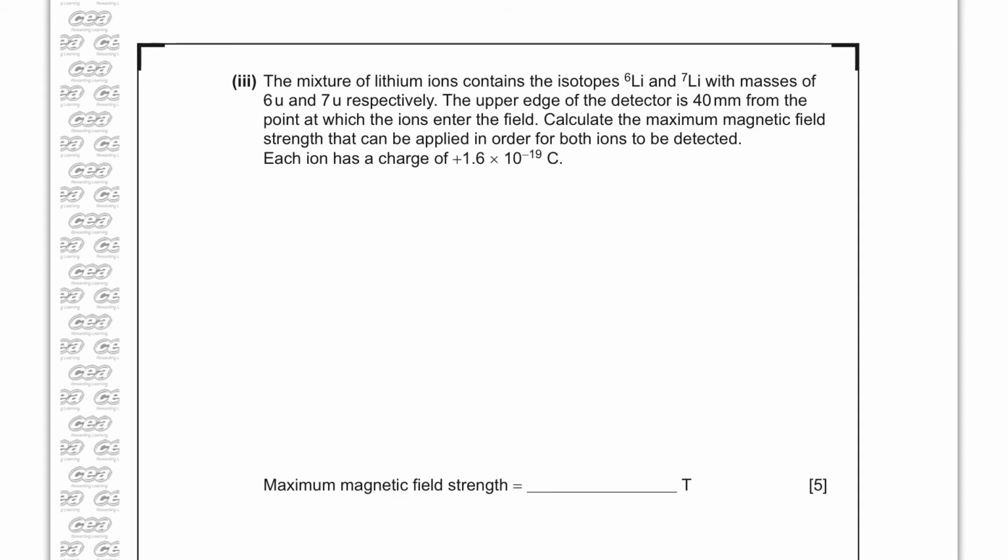So the strongest field will produce the smallest radii for these two paths. That's why they've told us the upper edge position. So this tightest circle can be 40 millimeters. You can't have a circle tighter than that, or that particle will miss the detector. So this is going to be a radius of 20 millimeters.